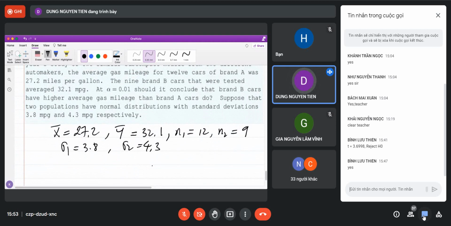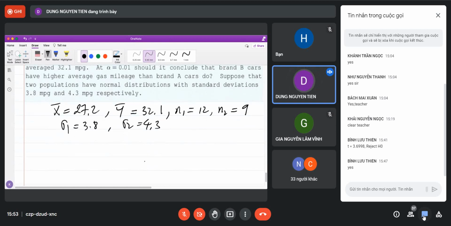And you want to test the hypothesis that the brand B cars have higher average gas mileage. So you expect mu A to be less than mu B. Okay, that is H1.